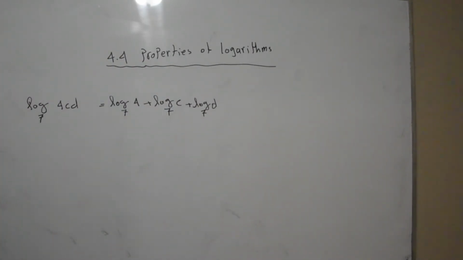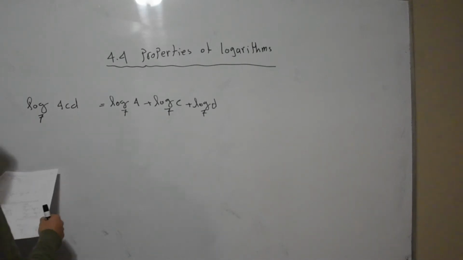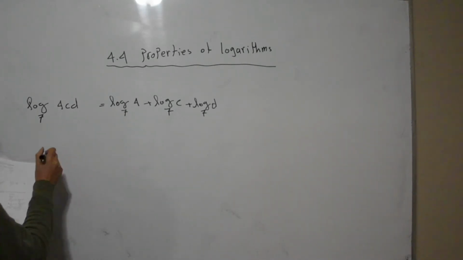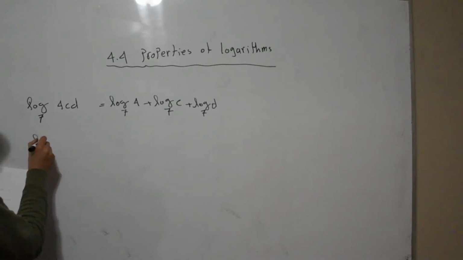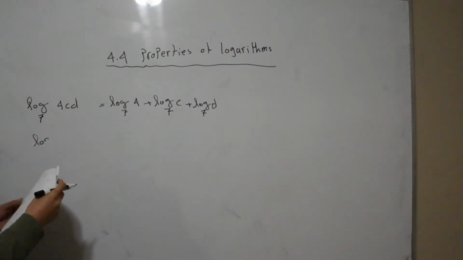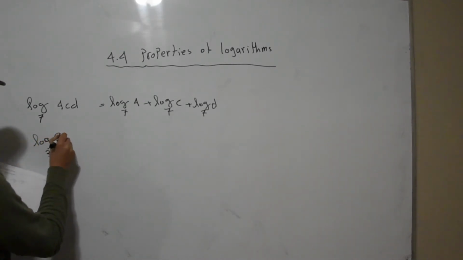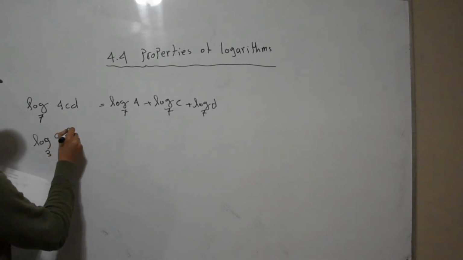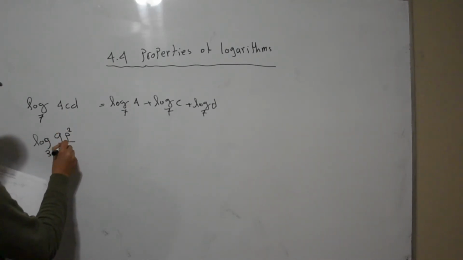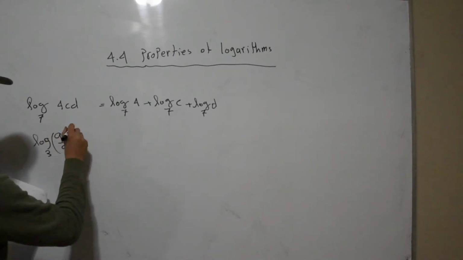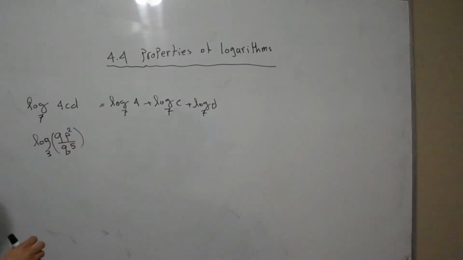So the second example I have is log base 3 of 9 p squared over q to the 5th. Watch something here.